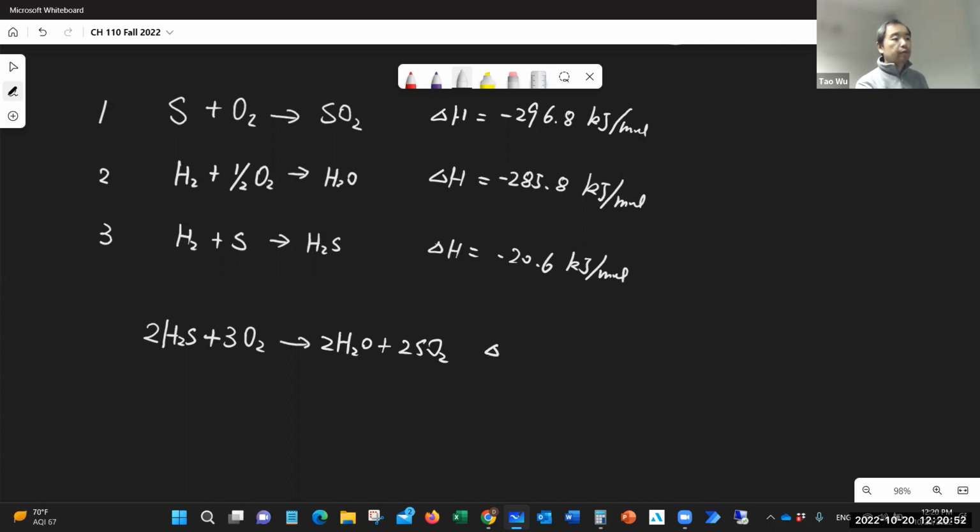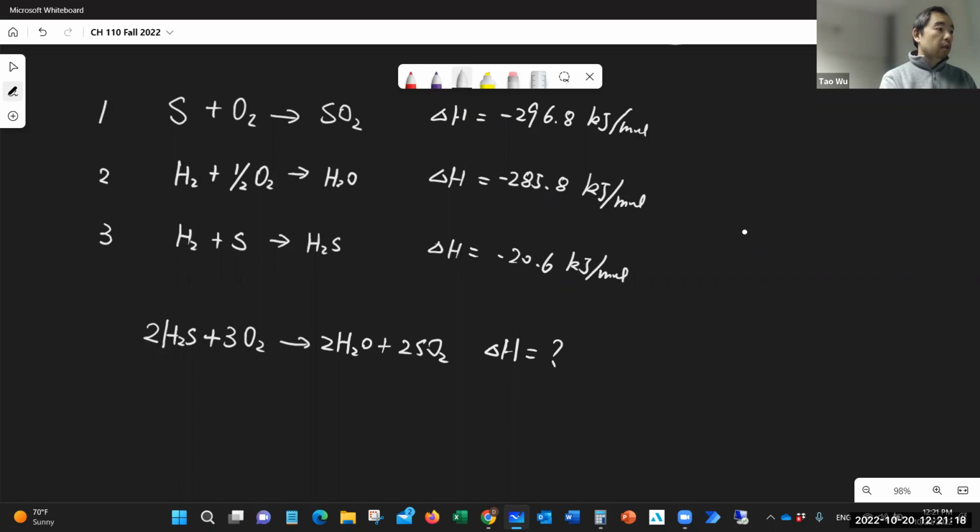Again, the purpose is to modify equations 1, 2, 3 and then add them up to make the new equation. First, let's find the unique component for each of these equations. A unique component only shows up in one equation, not in the other equations.